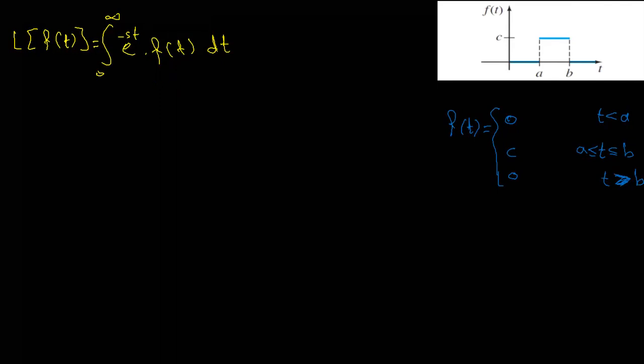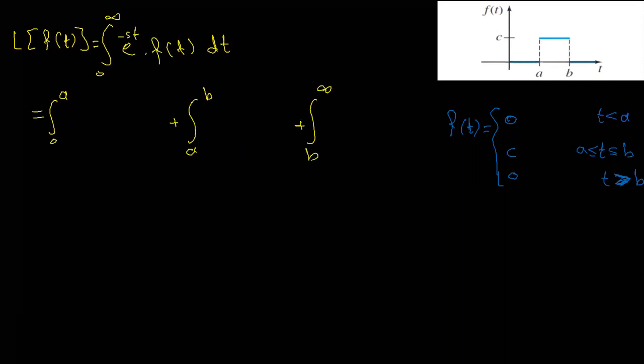I should get it for each domain. Yes. So to do that, I'm going to split my integral into 3 integrals: from 0 to a, plus from a to b, plus from b to infinity.